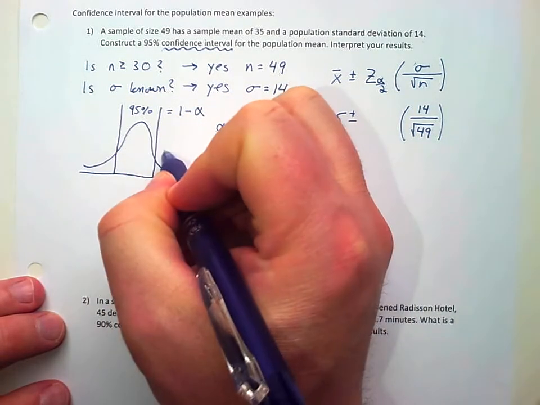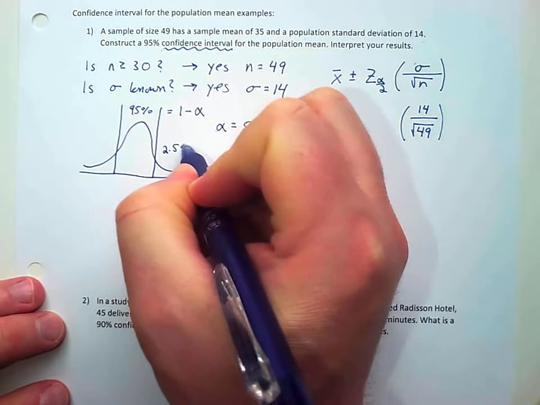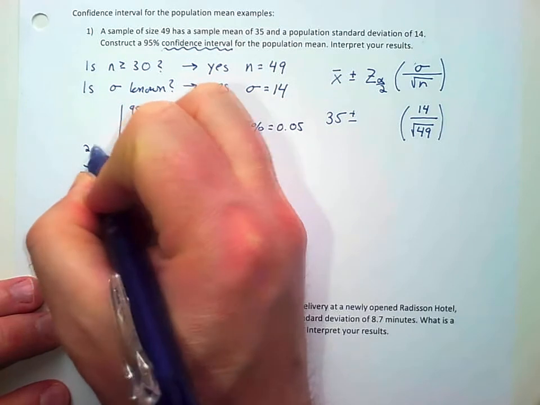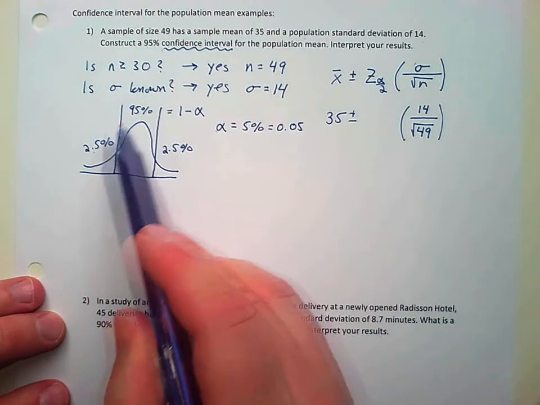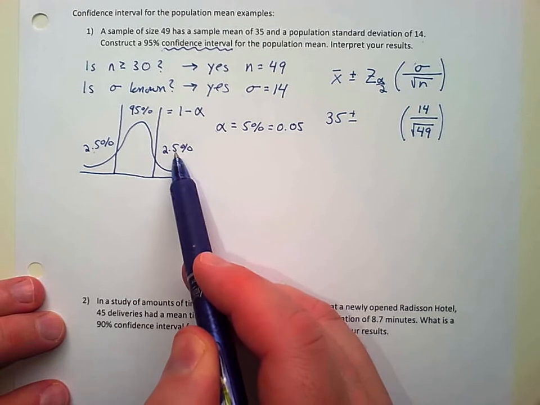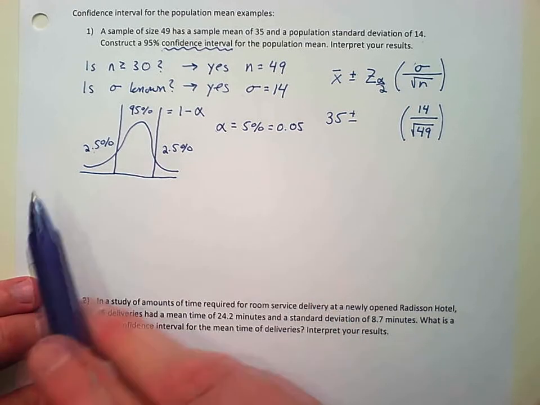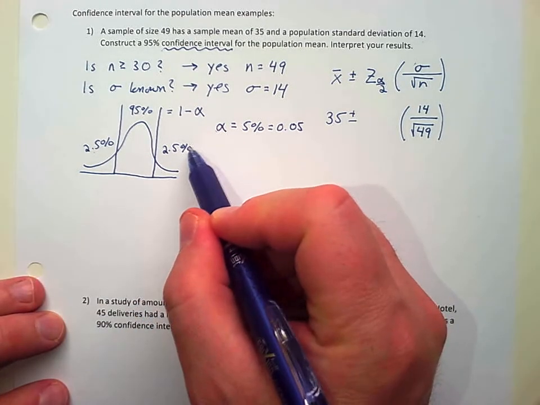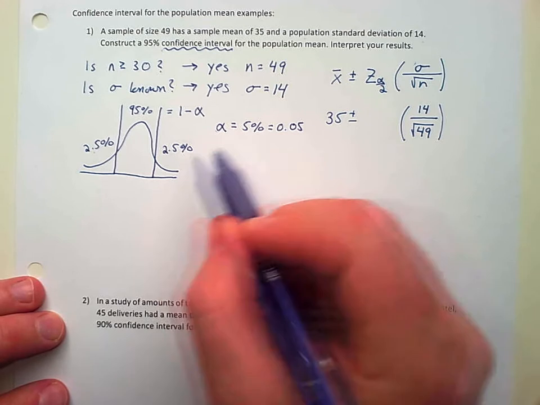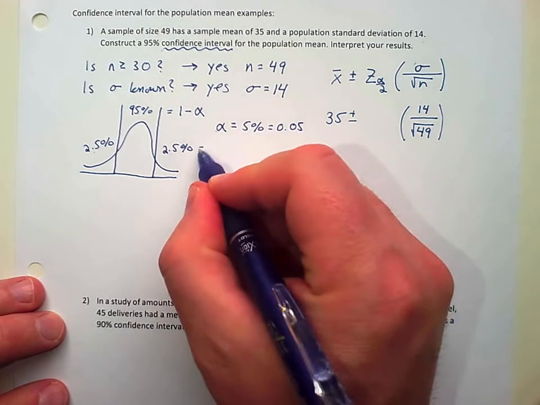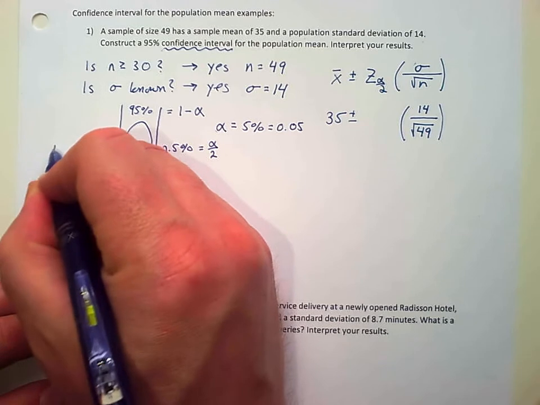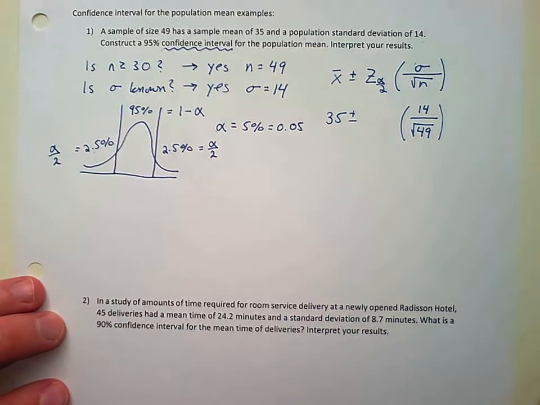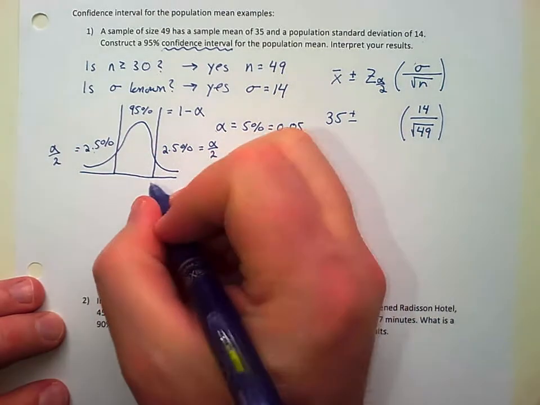But what we're going to have over here then is 2.5% in this tail, and here we're going to have 2.5% in this tail, so that 2.5% plus 95% plus 2.5% is 100%. Well, like I kept saying last video, since this is 2.5%, but alpha is 5%, this is the same thing as alpha divided by 2. So both of these tails have alpha divided by 2 in them.